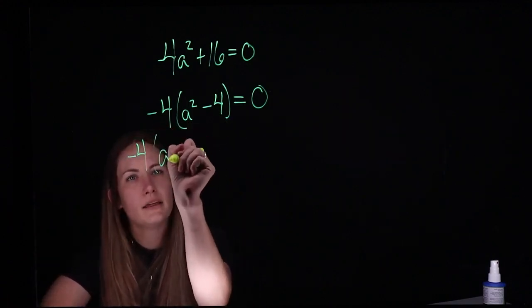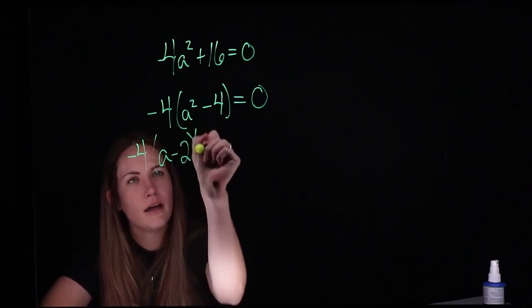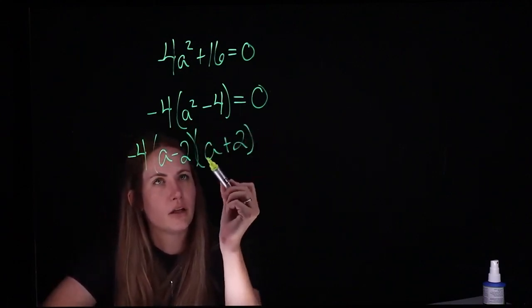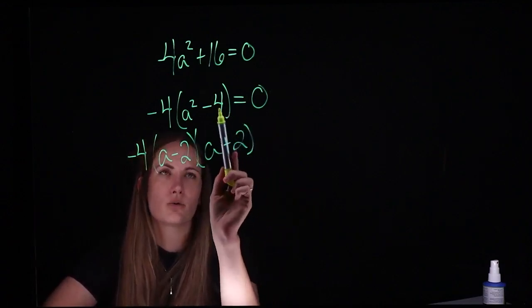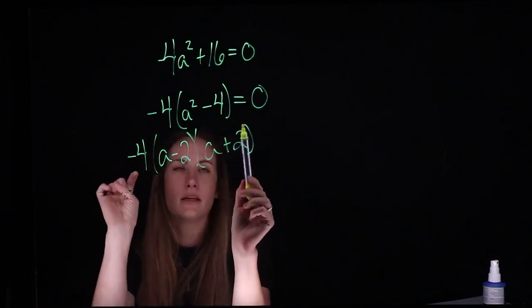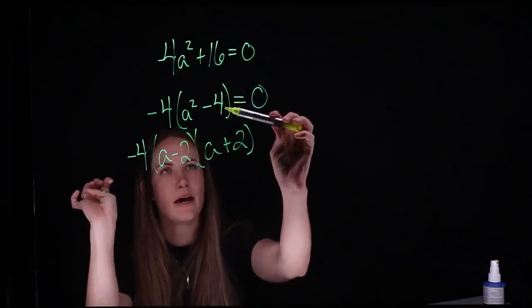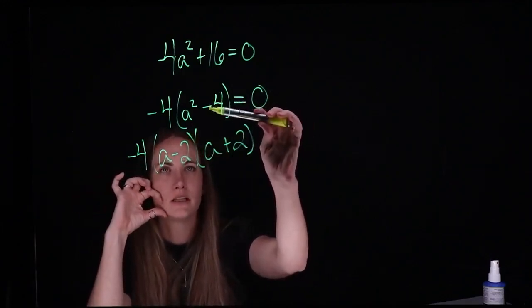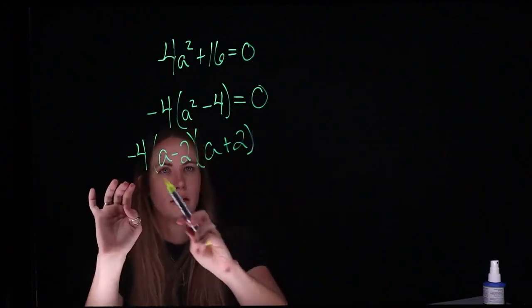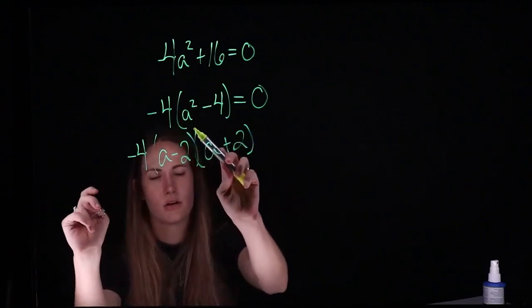So when we write this, I'm going to have a minus 2 and a plus 2. The big thing you have to realize when looking at these is that there's a square root of both of these. And just like before, these would be the factors that multiply to get 4 and subtract to get 0. 2 subtract 2 is 0, so you just have to recognize there's a square root of both of these.